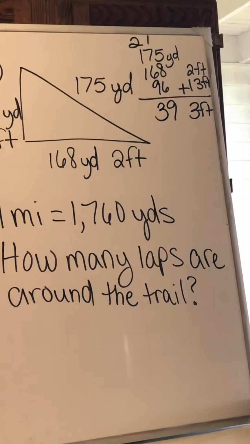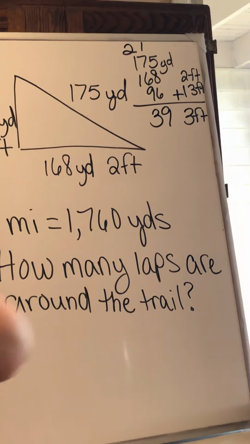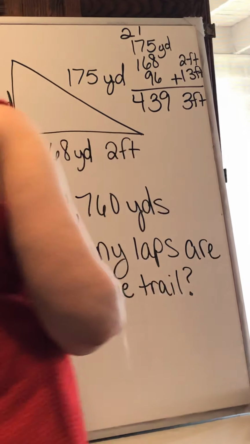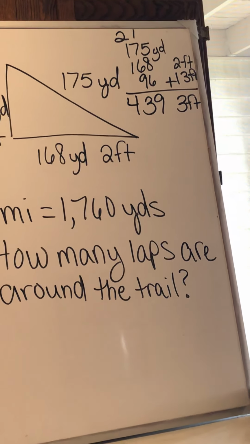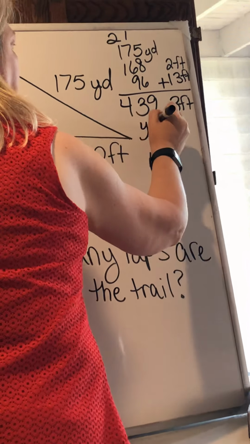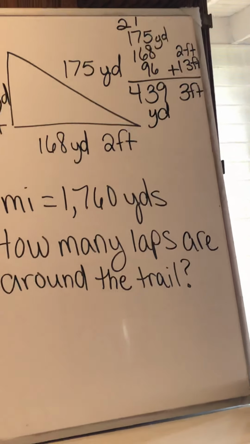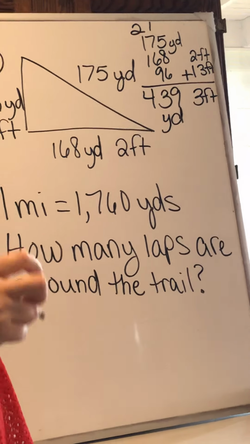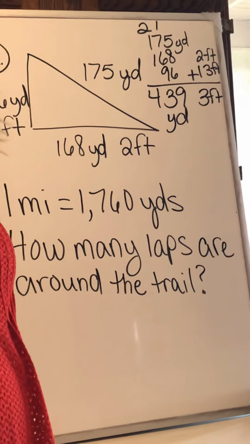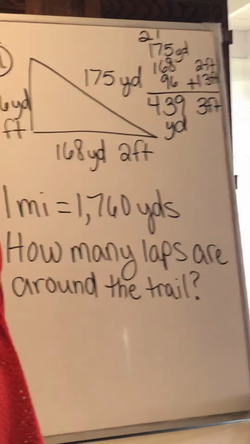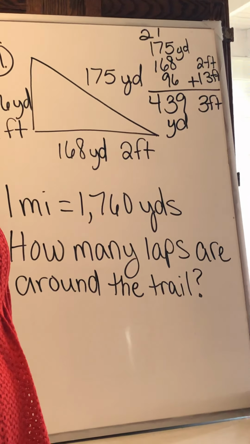And then add up the 2 plus the 1 plus the 1, which makes 4. So right now we have 439 yards and 3 feet. Okay, well, something we haven't talked about yet, but maybe for those of you who have been with me for a while, how many feet are in a yard?